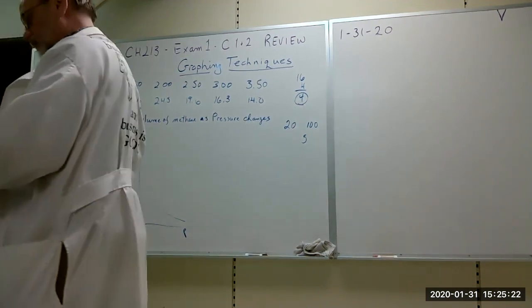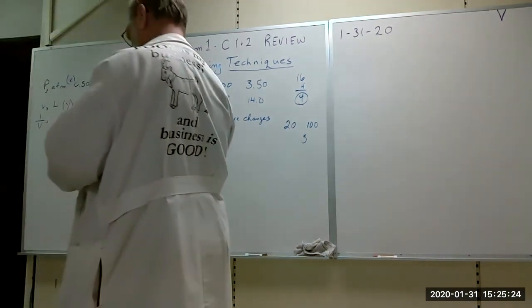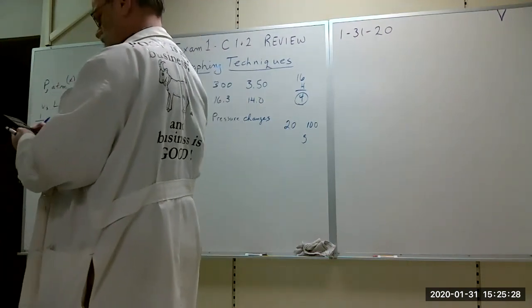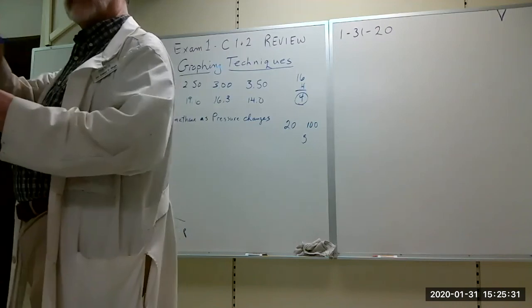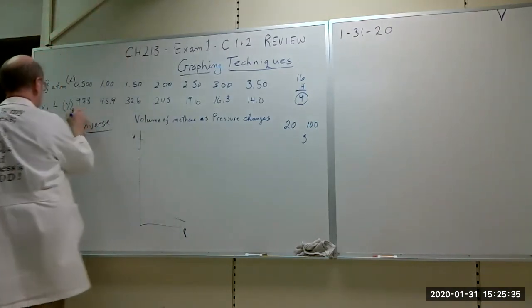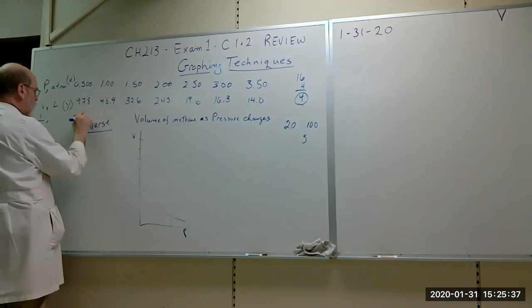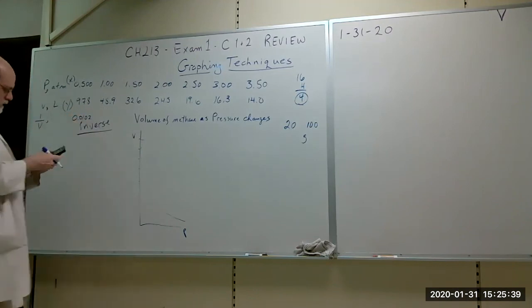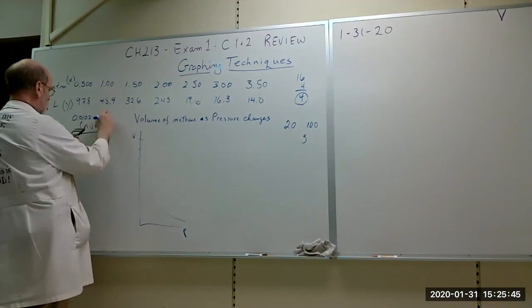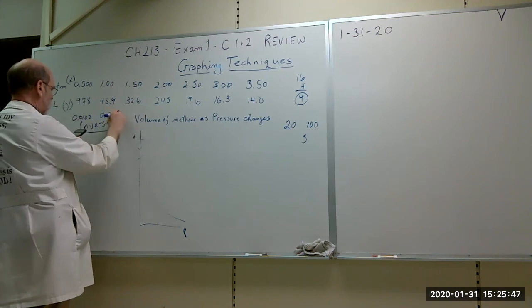I'll start the ball rolling. 97.8. And then there should be an inverse key on your calculator. So I got 0.0102. 0.0102. And then 48.9. Invert that one. 0.0204.